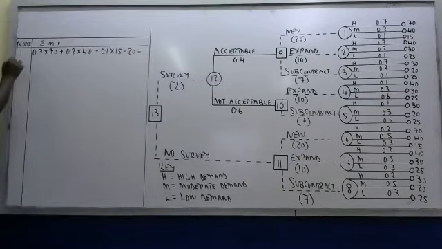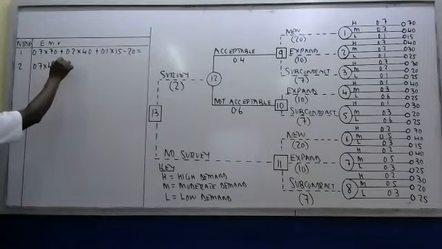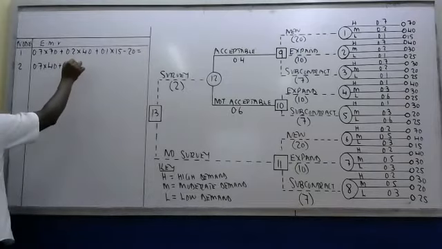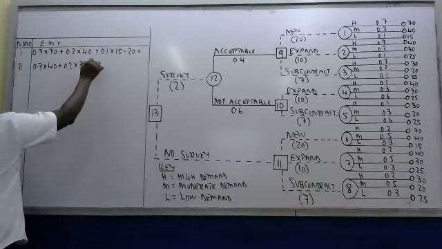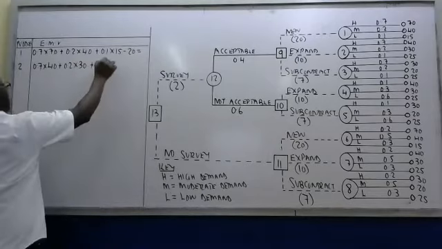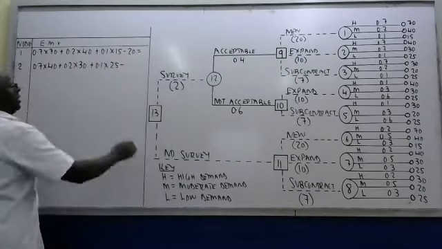Then you do the same thing with number 2, where you will say 0.7 multiplied by 40 plus 0.2 multiplied by 30 plus 0.1 multiplied by 25. Now you minus 10.